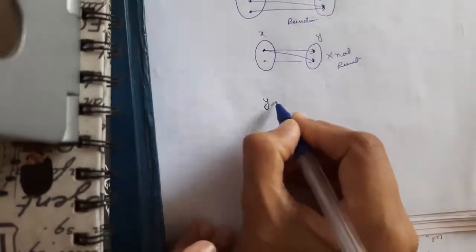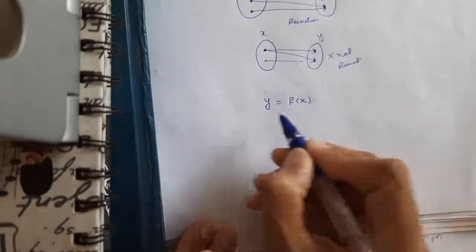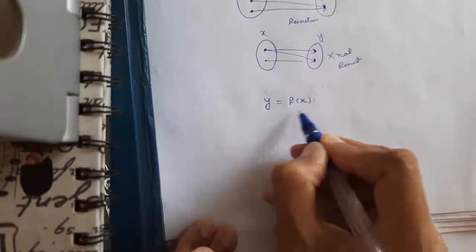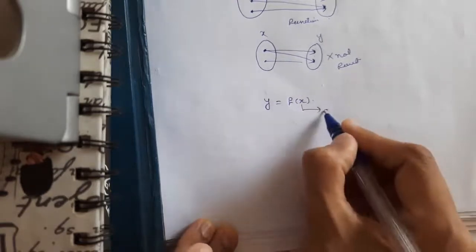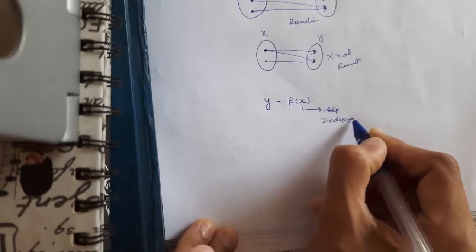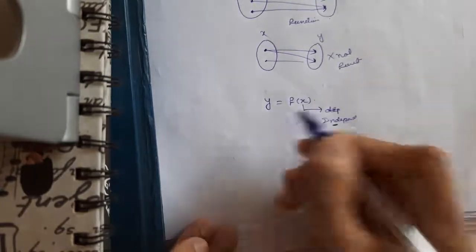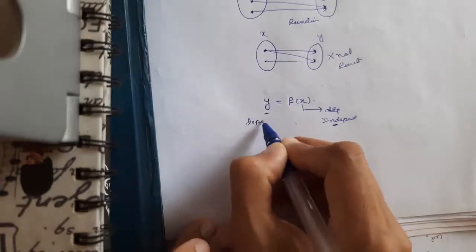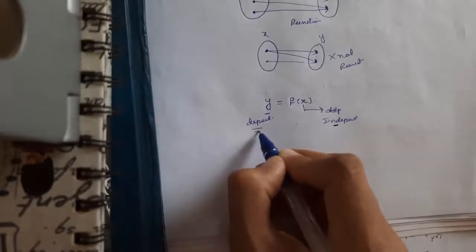Okay, so y equal to f of x, this is how we write a function in mathematics, y equal to f of x, where x is nothing but the independent variable, like the switch or your exam marks, and y is the dependent variable. Okay, dependent variable. So this is the output.